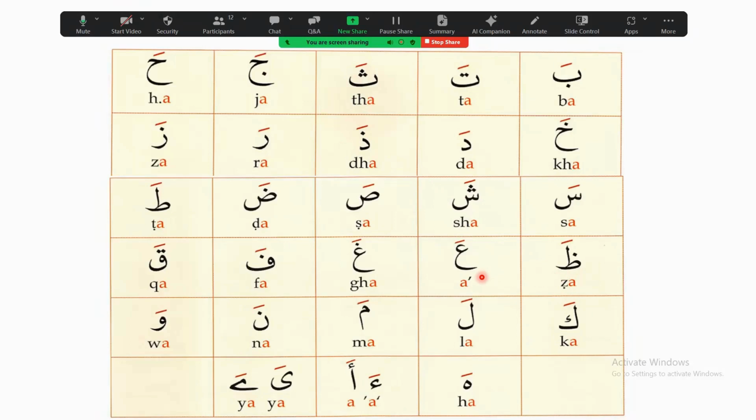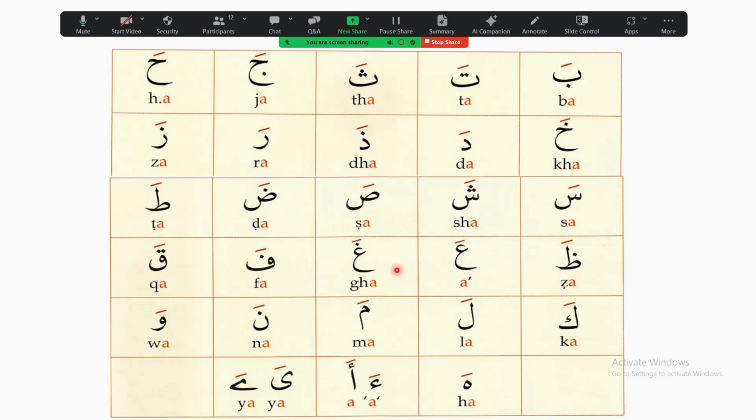The next letter is a letter of the throat, the ain letter, ain. Because this has a fatha, we say a. And the next one, again a letter of the throat, from the upper portion of our throat, and we say gha. This gargle sound is there, right?